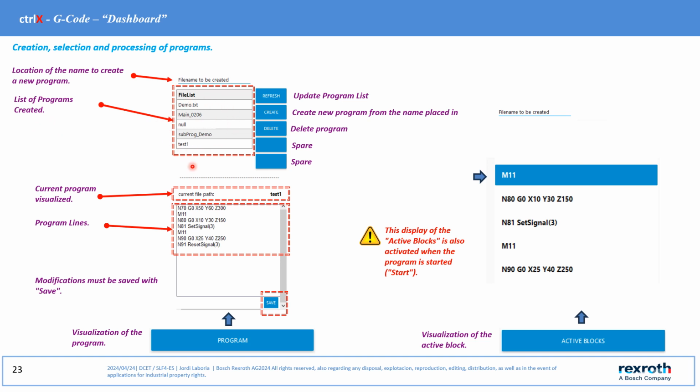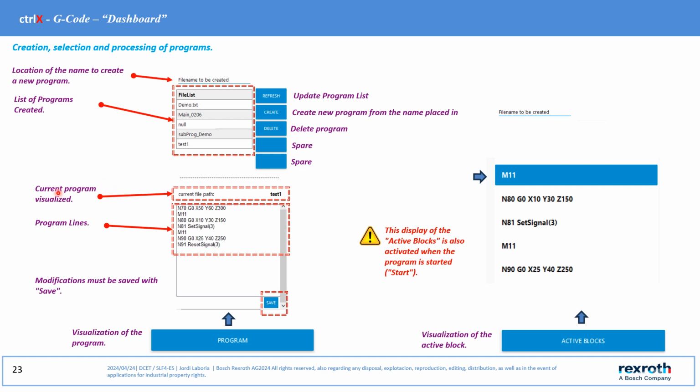With this button, we can refresh the list of programs. With this one, as we have said, the program is created with the name that we have set in the file name to create it. And with this next one, the selected program is deleted from the list. The other two push buttons are in reserve.